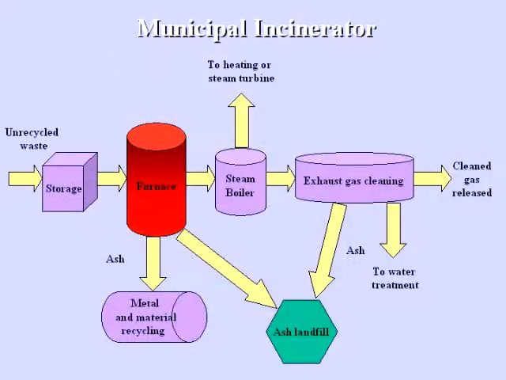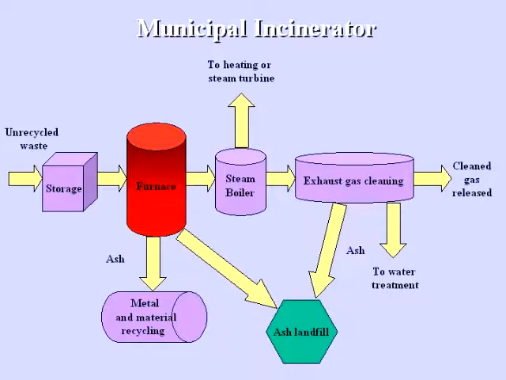Here is a graphical representation of a typical kind of an incinerator. So we have waste materials stored until they are fed into a furnace, and then as the material is burned, the heat from that burning can be used to boil water.